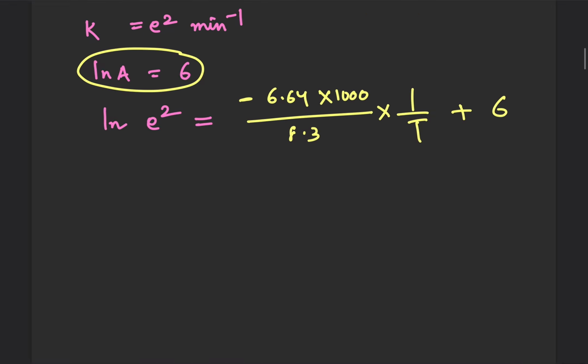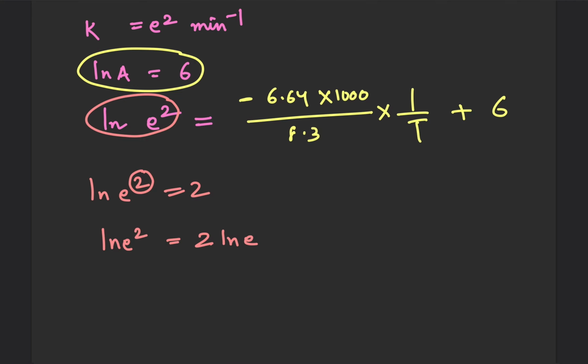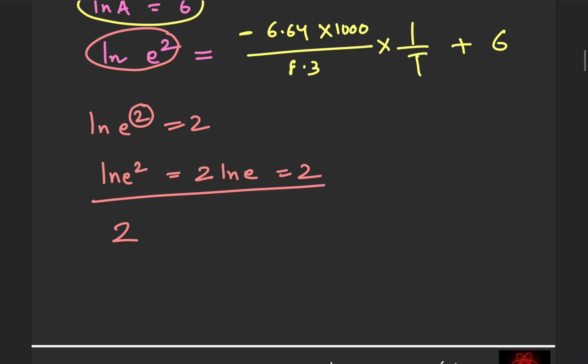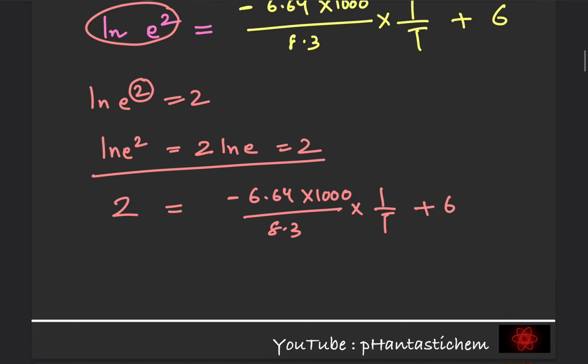Ln of e square will be equal to 2, because we can take the power out from the log, so ln of e square is 2 into ln e, and ln e is 1. So 2 is equal to minus 6.64 into 1000 divided by 8.3 into 1 by T plus 6.